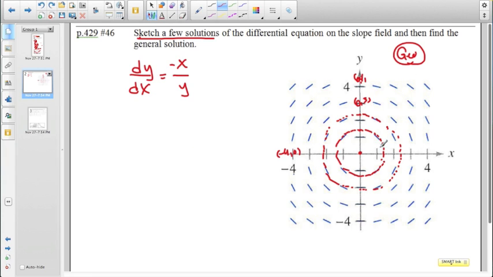But for now, to get the general solution here, we can just go ahead and separate this differential expression and come up with the general solution using calculus. So we're going to multiply both sides by y. And so we end up with y dy/dx equals opposite of x. And then we're going to separate that differential expression by taking the differential dx to the other side.